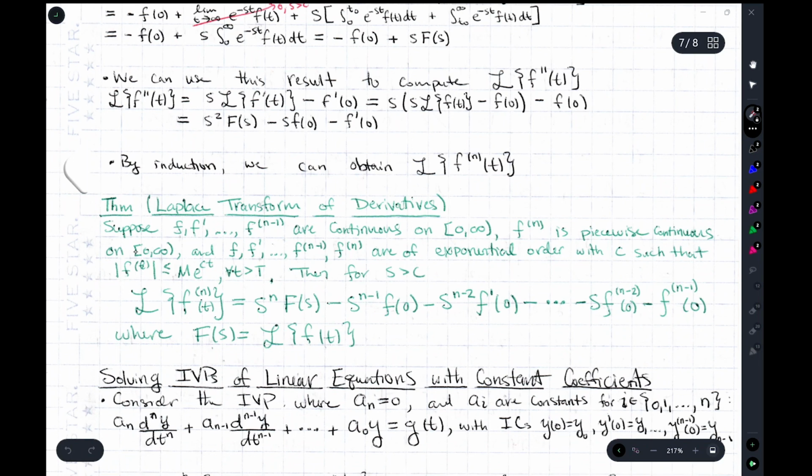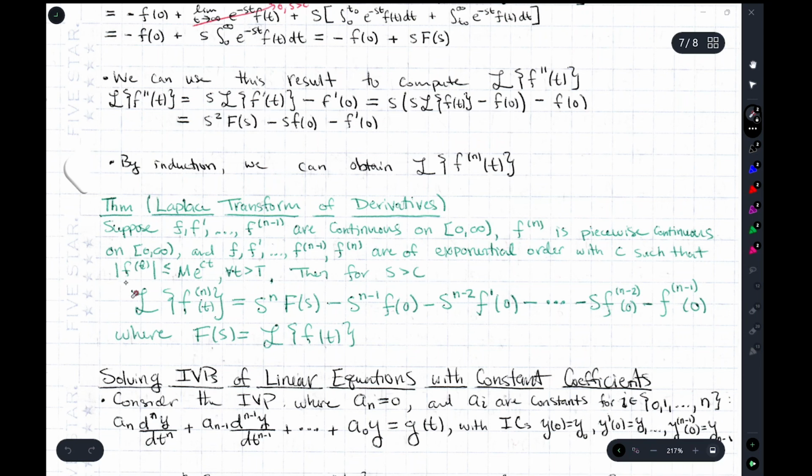we could actually get a general formula through this theorem. So suppose f, f prime, up to f to the n minus 1 are continuous on 0 to infinity, and f to the nth derivative is piecewise continuous on 0 to infinity. And suppose all of these derivatives and the function are of exponential order with c, such that we have this from the definition of exponential order for all the k.